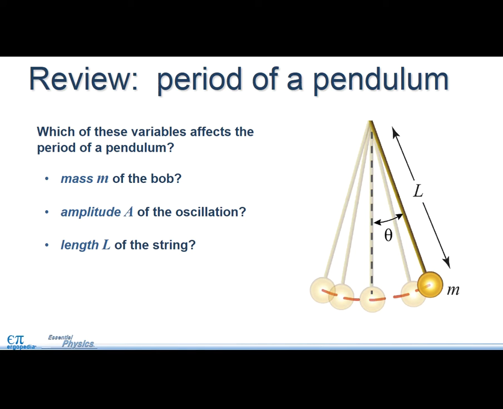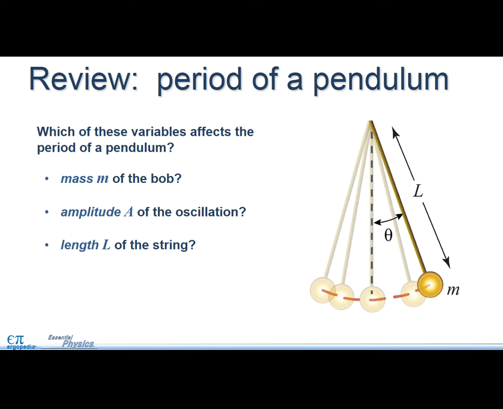Many of you thought that because of the earlier activity we had done with the ruler, remember putting a ruler at the side of the table and watching it oscillate up and down, that the more ruler there was, the more mass, and so it took a longer time to go up and down. You thought maybe that's the same for the pendulum, but it turns out that was not the case.